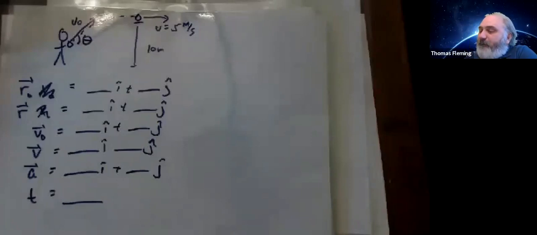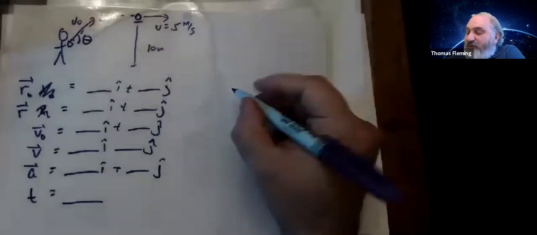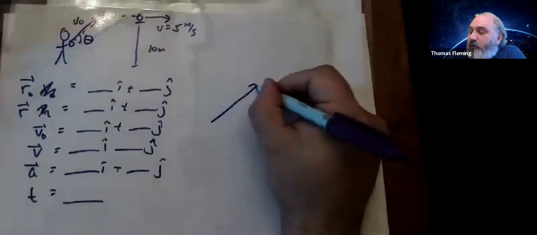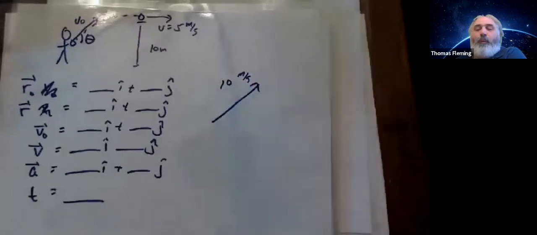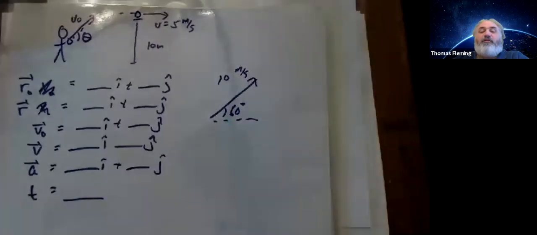So let's imagine that I've got an object, and maybe that object is traveling with a velocity of 10 meters per second, but it's doing so in some weird, annoying diagonal direction. Maybe it's traveling 60 degrees above the horizontal.